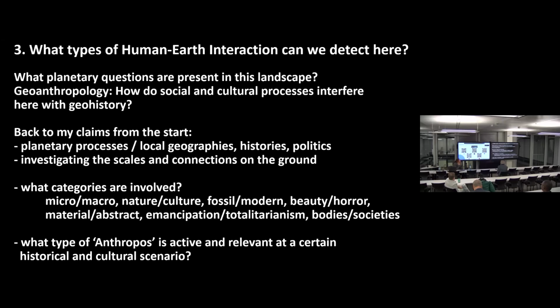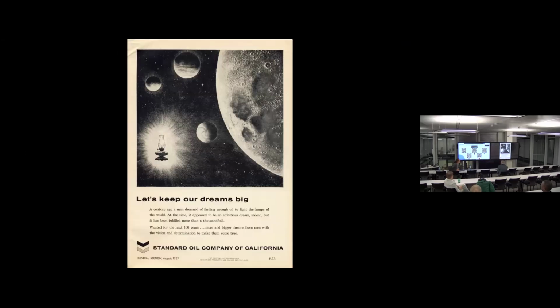Of course, we have political history, but we also have very small-scale cultural histories here, and it's interesting how the small-scale processes on the ground are connected to this strategic resource. So, what categories are here, and what type of anthropos would we see if we would try to decipher the Anthropocene from the Austrian field?